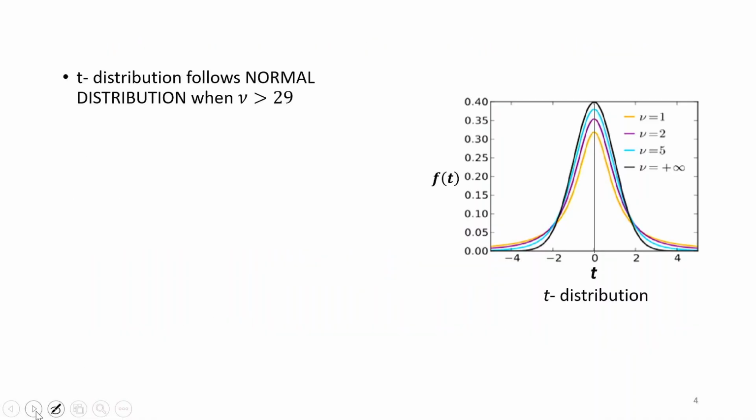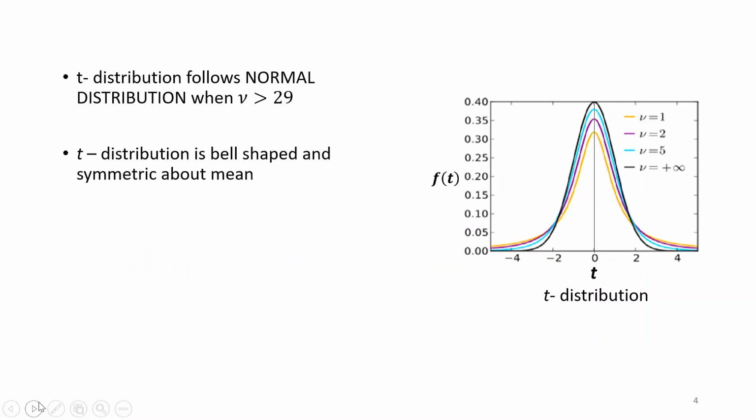And the T distribution, how does it look? That is what is shown in this particular diagram. It is quite symmetrical in nature, and the shape of the distribution changes as the value of ν changes. So for ν = 1, 2, 5, and infinity, the distribution has been plotted, and you see it is quite symmetrical.